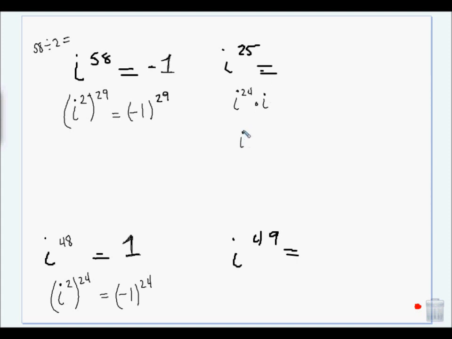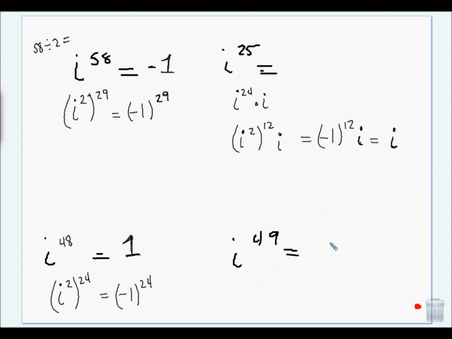And 24 will divide by 2. That's 12, and then I have this 1 more i. So what I end up with was -1 to the 12th times i, and that's an even exponent, so that's +1, so it's +i.